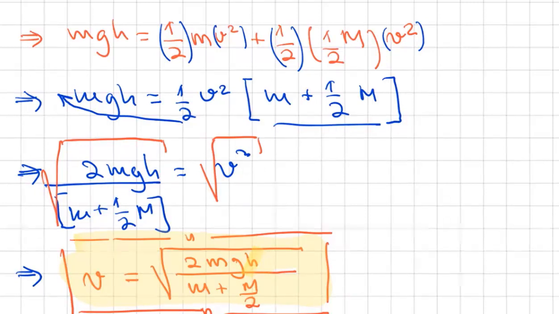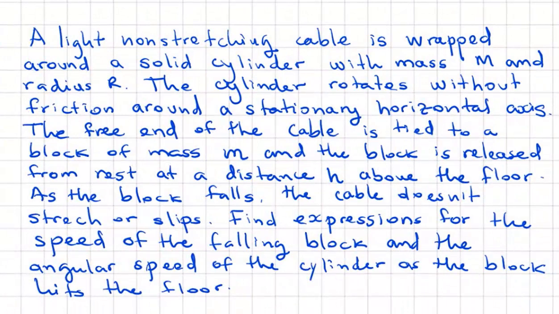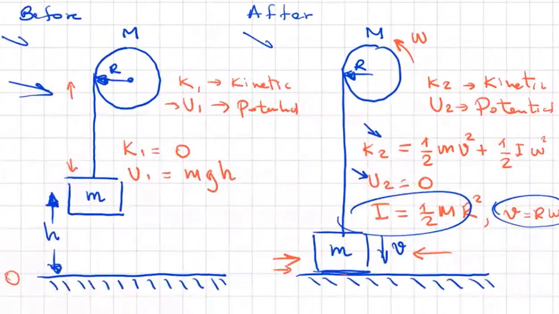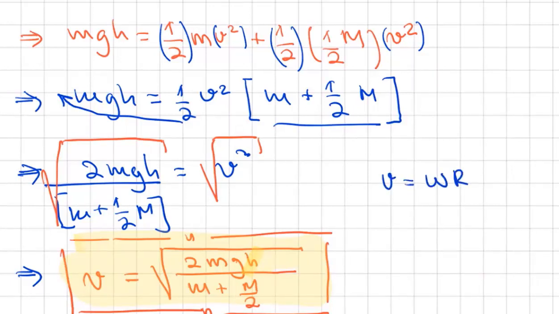So the problem also says that we want to calculate the angular speed as well, right here, of the cylinder at the same moment, at the same time. So we know that the relationship between the linear and the angular velocity is v equal wr, right?